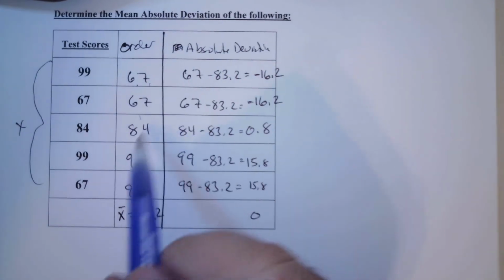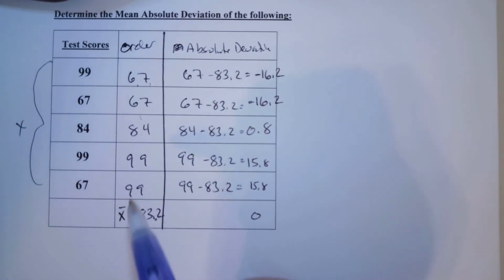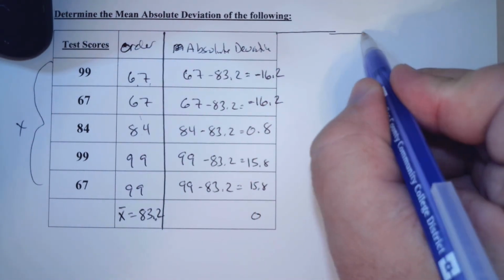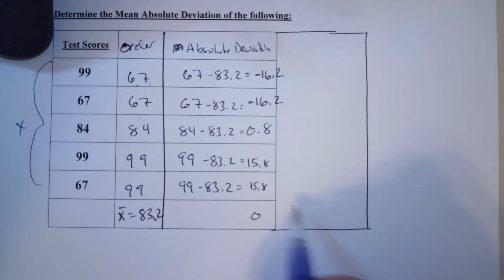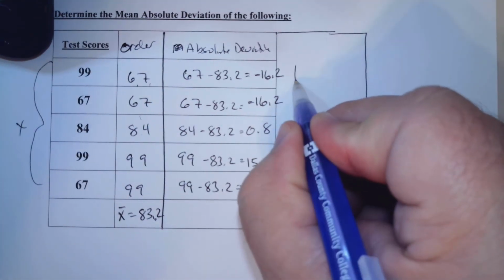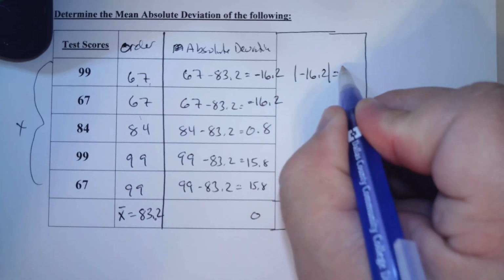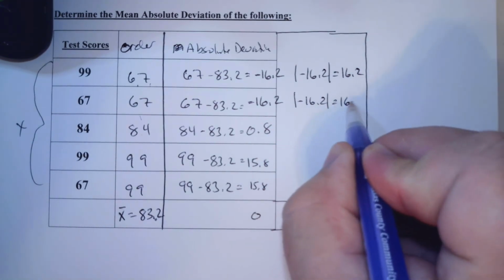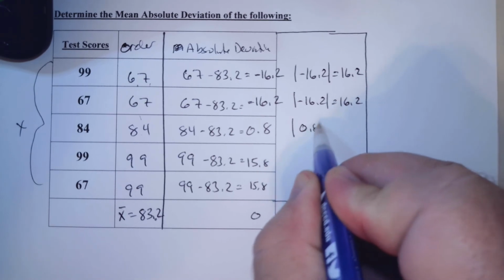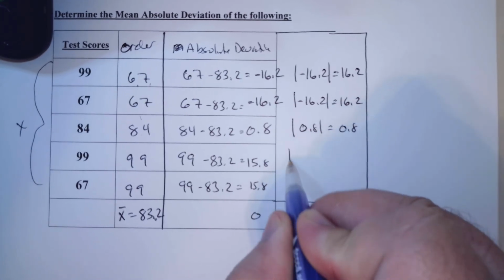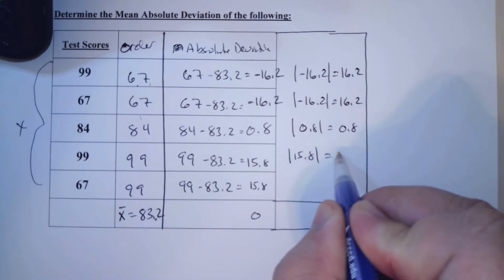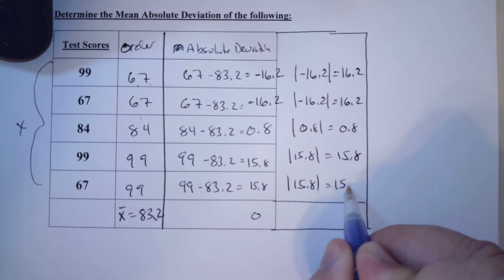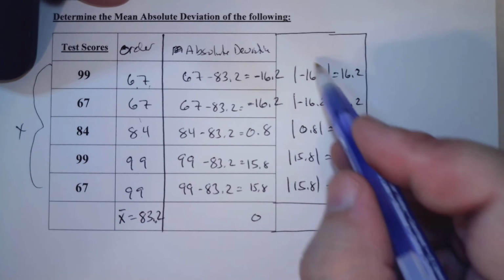The reason is that the distances above and below the center, the mean, cancel each other out, which is why we have to take the absolute value of them all. So the absolute value of negative 16.2 is positive 16.2, negative 16.2 gives 16.2, then 0.8, 0.8, 15.8, 15.8. Those are all the absolute values.